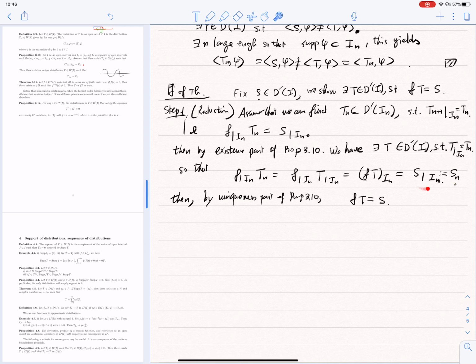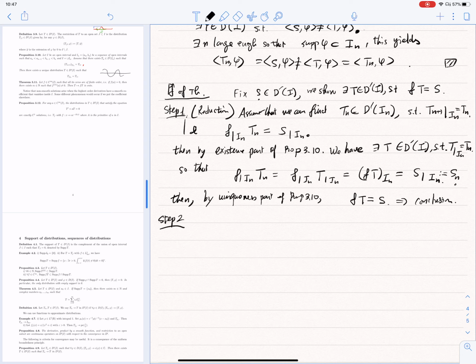By the definition, this is a simple fact. And since we have such a sequence, and we know that S and fT restricted to In solve this kind of equation, and we have uniqueness, S also solves the equation, which means that these two must be equal. So this finished the exercise. Okay, so conclusion. But we haven't defined such a sequence, right?